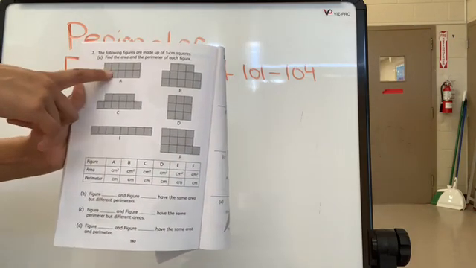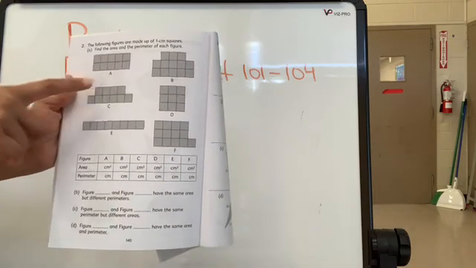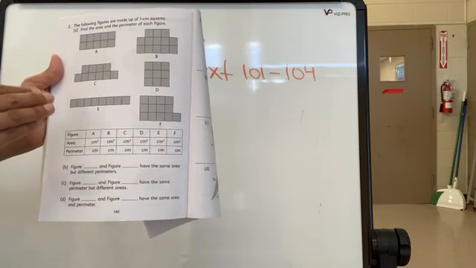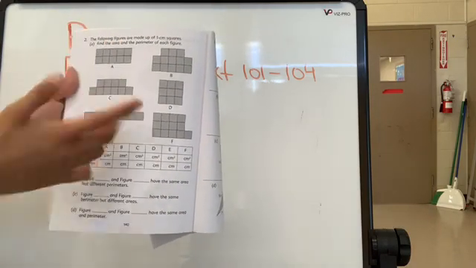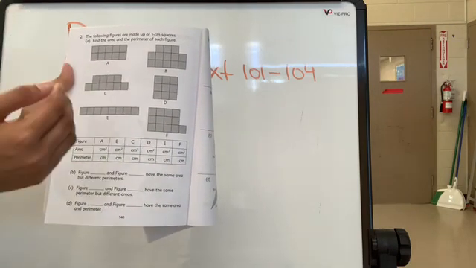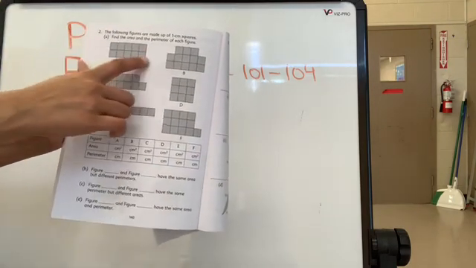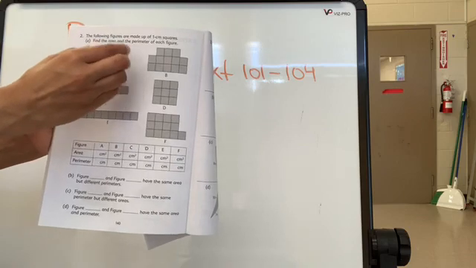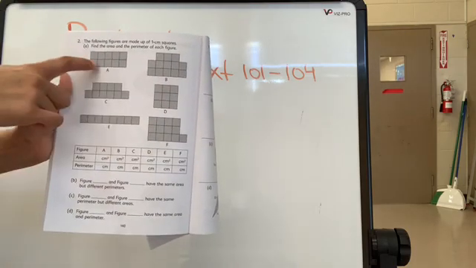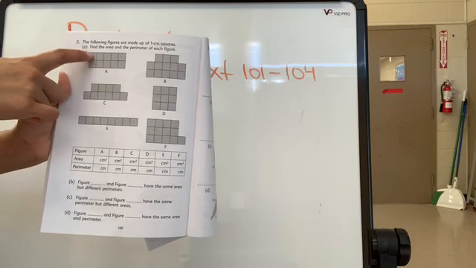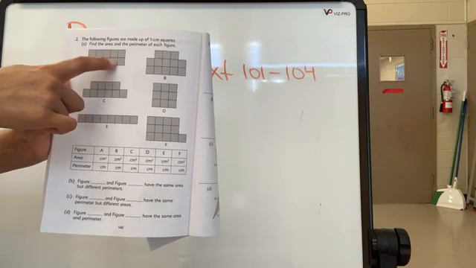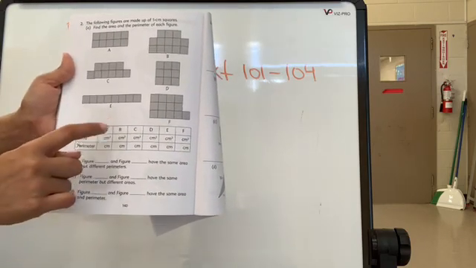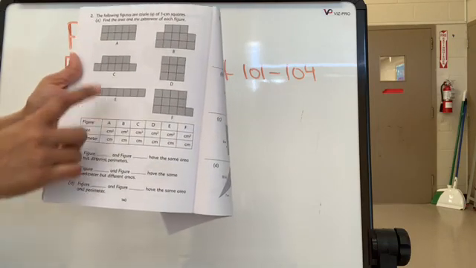For example, if I'm looking at the first picture in your workbook, page 140, what you need to do is, again, do you remember counting your squares? Remember, to find the area, we were counting our squares. So that's exactly what you need to do. You will be counting your squares. So at this step, all you need to know is how much space this figure is taking. So this figure is taking the space, so 1, 2, 3, 4, 5, 6, 7, 8, 9, and 10. So the area of A is 10 centimeters square, okay? So that's what you need to write.